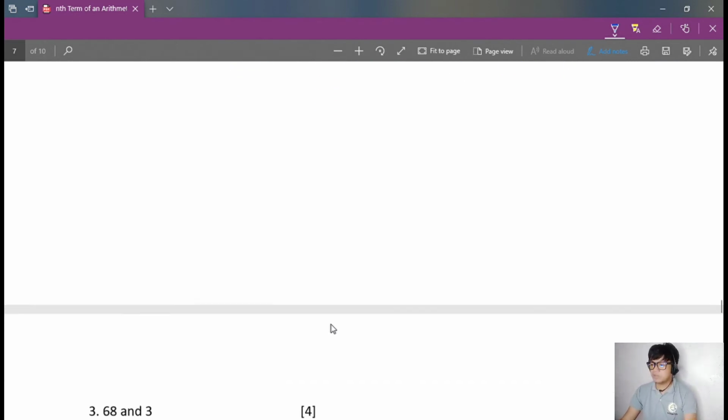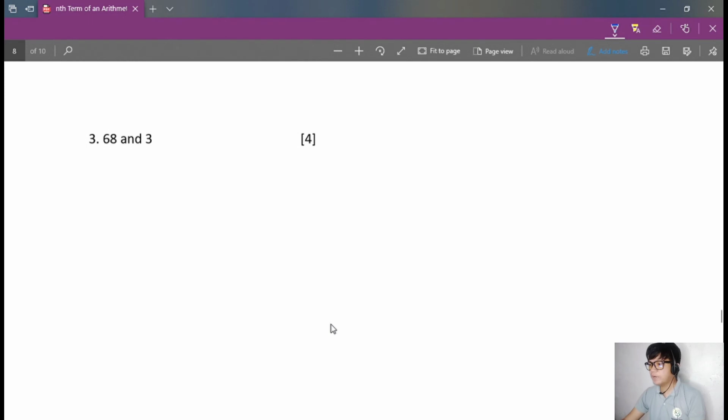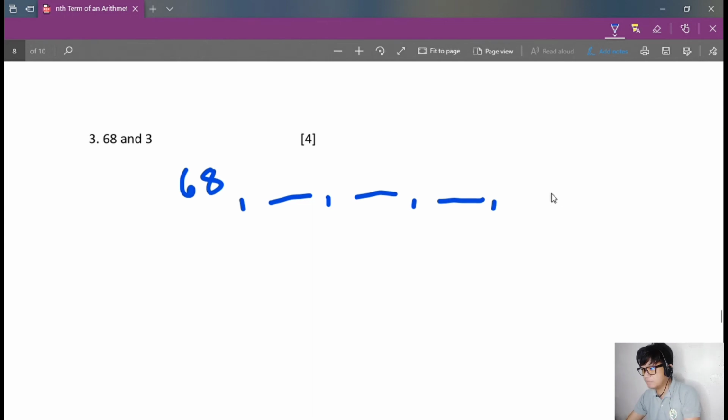Okay, let's proceed to number 3. So, we're looking for the 4 arithmetic means of 68 and 3. So, our first term here is 68. So, 4 yung blanko. Kailangan natin i-illustrate para ma-visualize natin ano ba yung itsura ng ating problem.